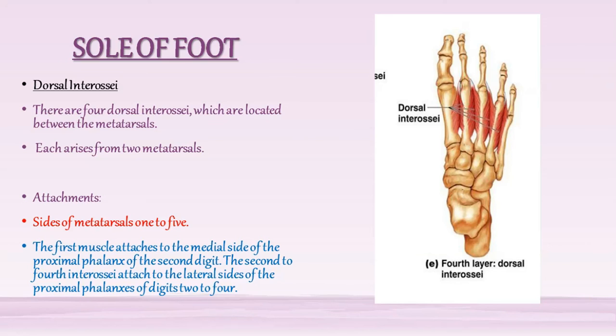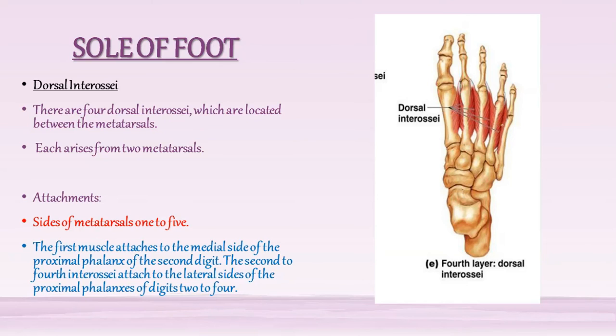Clear? Plantar are present between the metatarsals but they arise from a single metatarsal. Dorsal are also present between the metatarsals but they arise from both sides of the metatarsals.